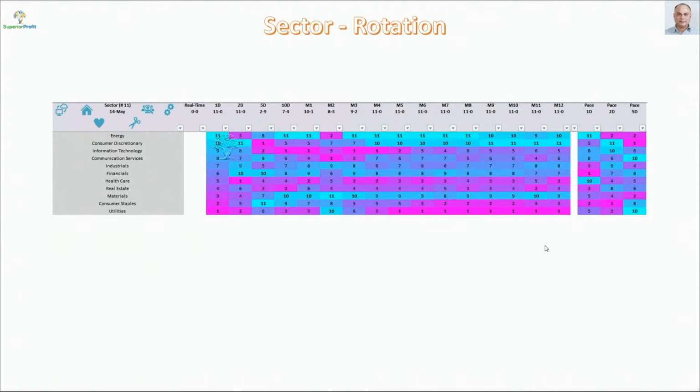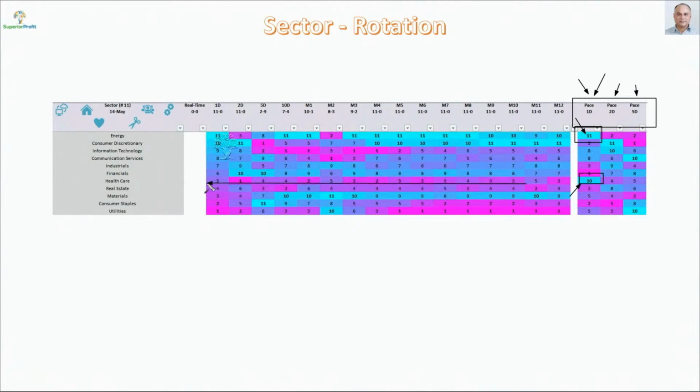There is also another way of using this rotation scorecard, that is using acceleration, which is shown by the pace columns: acceleration over 1 day, 2 days, 5 days. Using acceleration, you would like to buy from the most accelerating sectors, which would be energy or healthcare. Interesting, isn't it? Healthcare was weak for a long time.